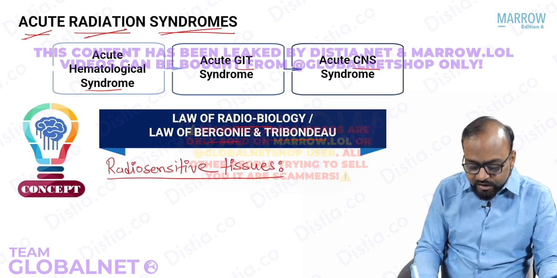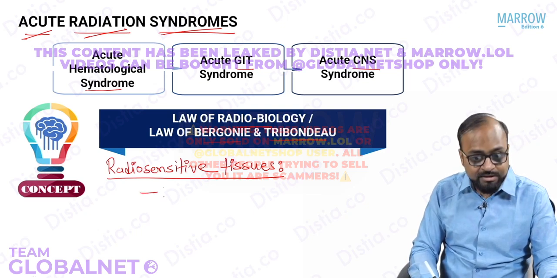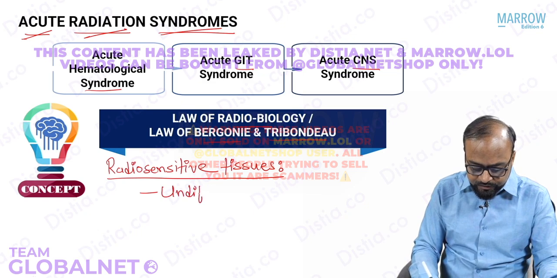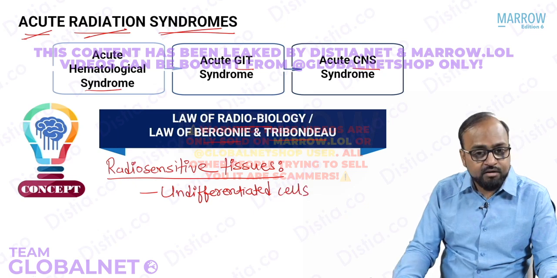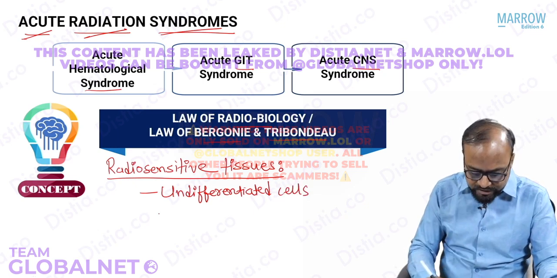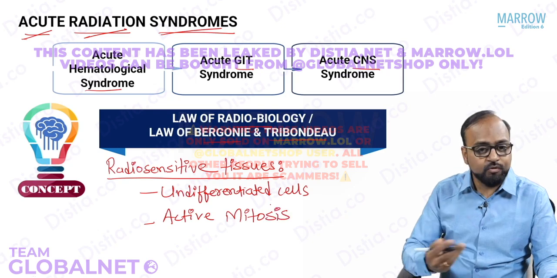It says that whatever tissue in the body will have the maximum undifferentiated cells, or the highest fraction of cells in active mitosis. So see what this concept tells us.